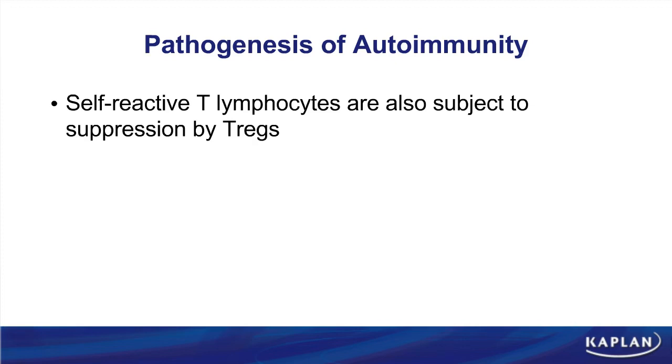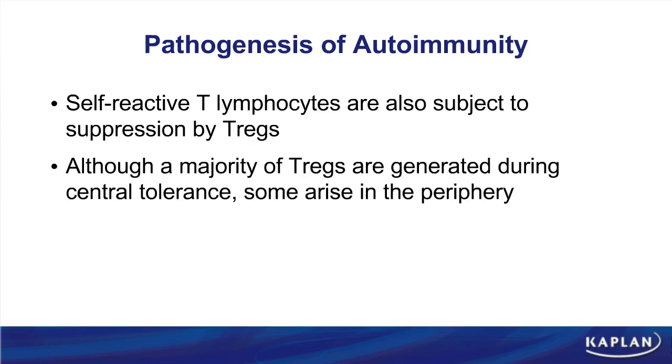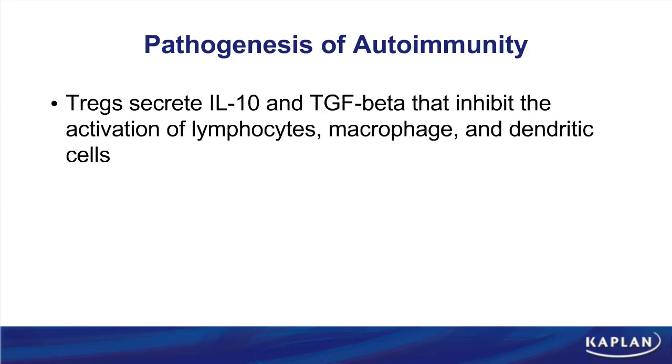A lot of these are generated during selection. Remember, as a last resort, if a T cell doesn't pass selection, it has one last chance to survive, and that's to become a regulatory T cell. But some can also arise in the periphery as well. And these are going to be really important in helping to maintain proper homeostasis and prevent autoimmune disease.